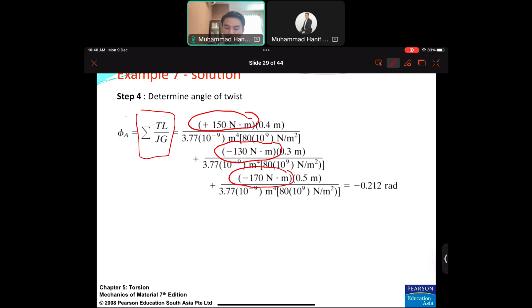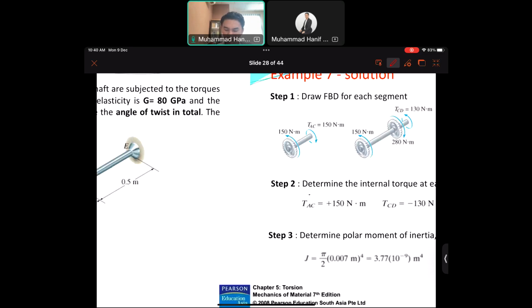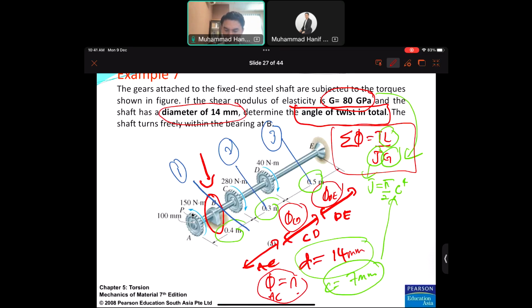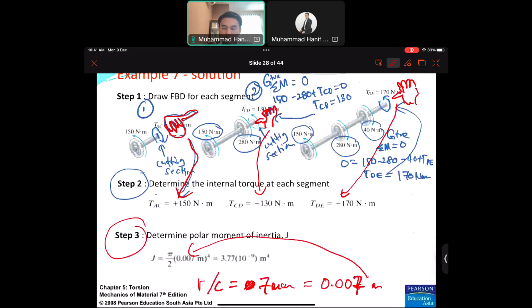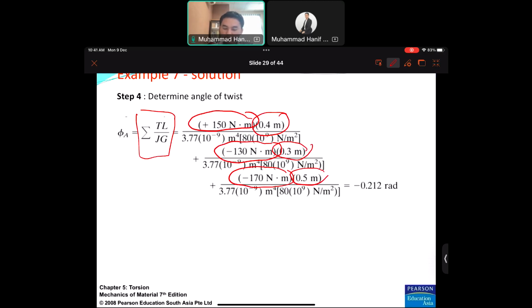L is also individual, because the beam has different lengths. We have 0.4, 0.3, 0.5, so these are the lengths. So put the individual values into the equation. JG will be constant in this case.